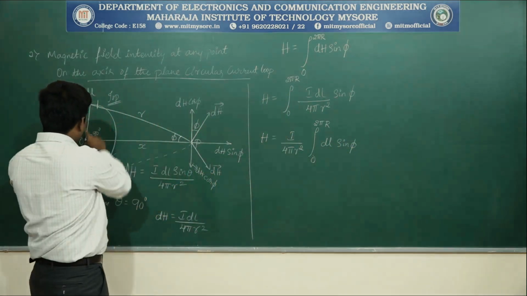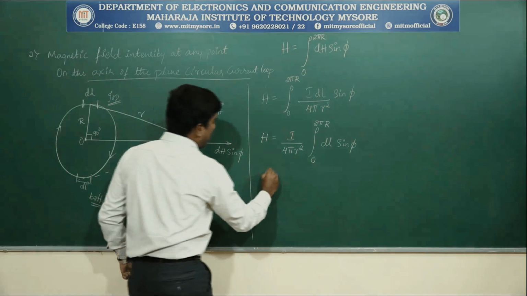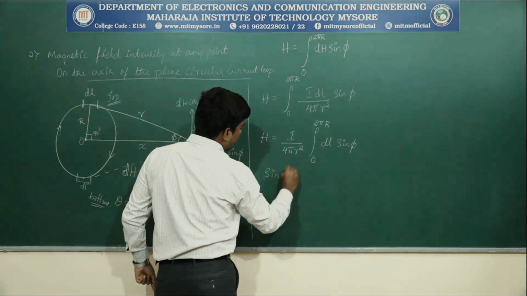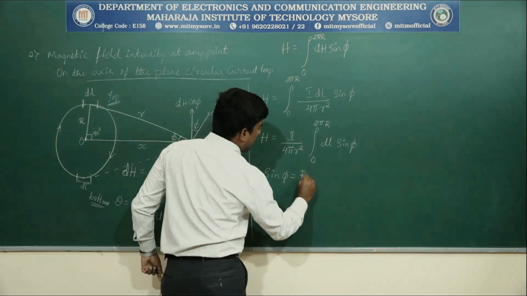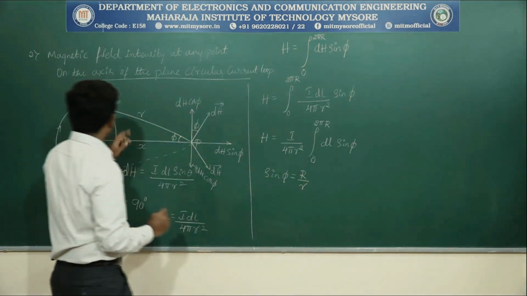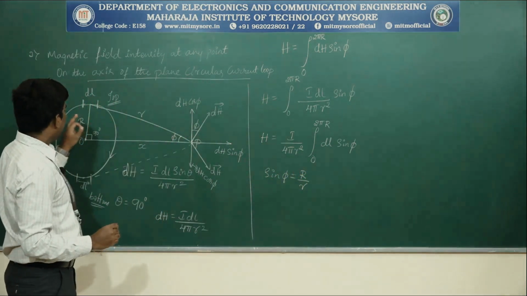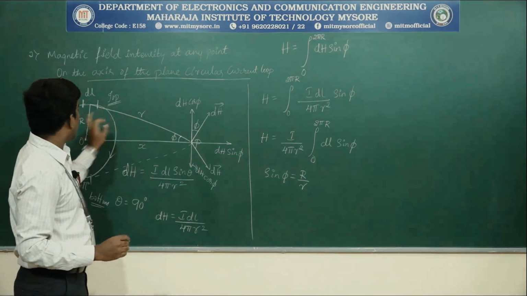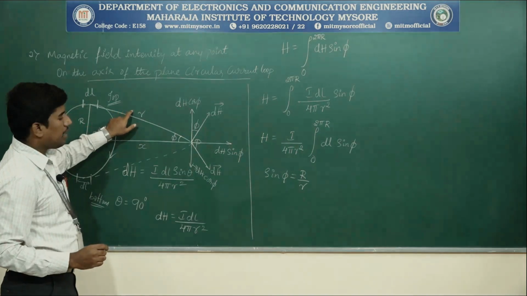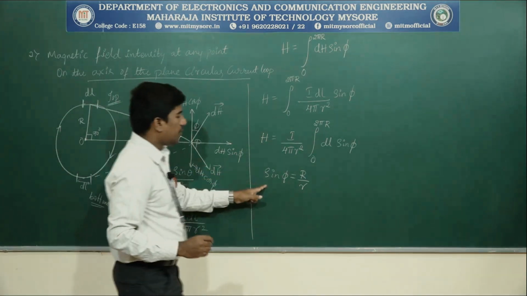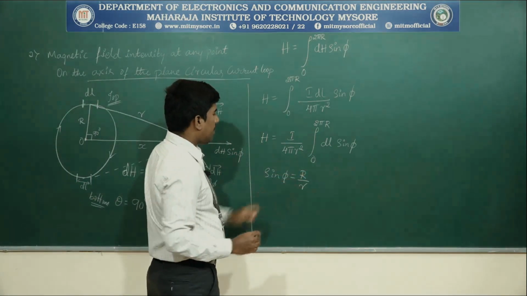With respect to this geometry, sin phi is equal to opposite by hypotenuse, that is capital R divided by small r. Opposite is capital R, and hypotenuse is small r. Sin phi can be replaced by capital R by r.